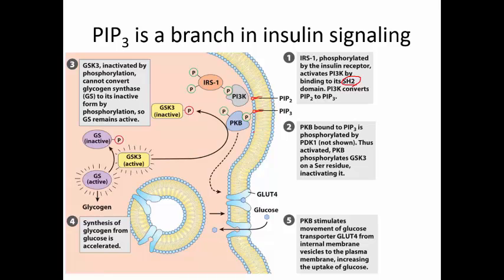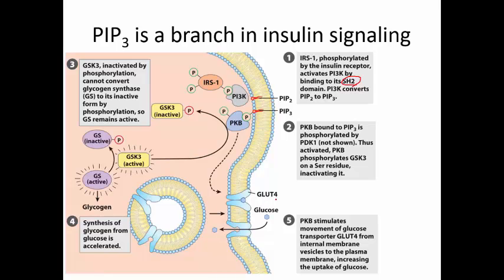And this can do a couple different things. I'm just going to jump down here, actually, because I think this is the simpler part. One thing it can do is it can stimulate GLUT4. The way it stimulates is it causes GLUT4 to get moved from internal vesicles into the membrane. GLUT4 should sound sort of familiar.